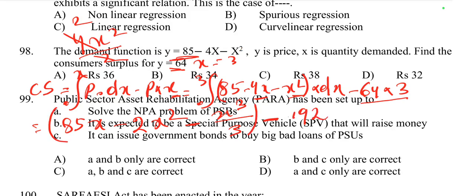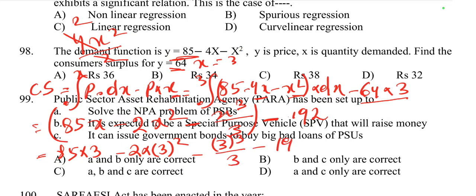So this is the first part and this is the second part. By simplifying this equation, now put the value of x in this equation. So 85 into 3 minus 2 into 3 square minus 3 cube by 3 minus 192.